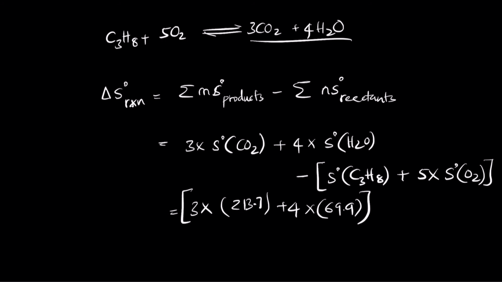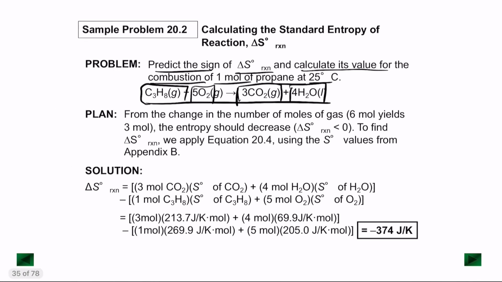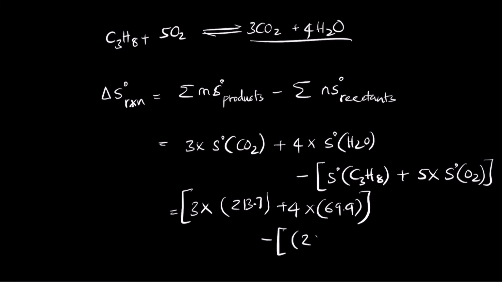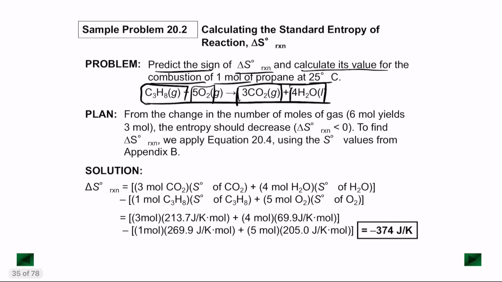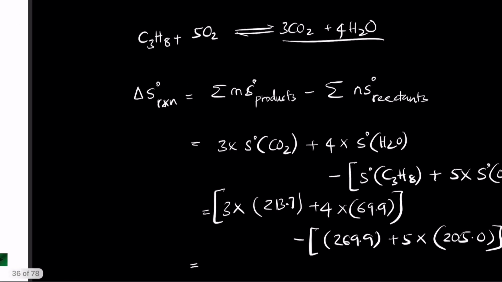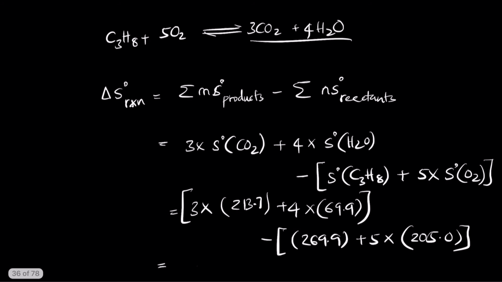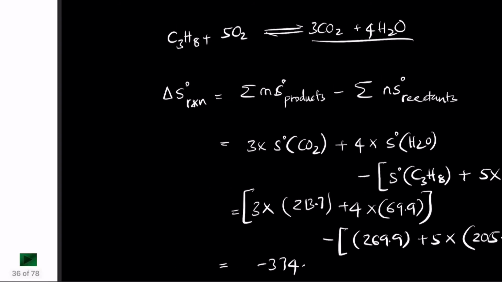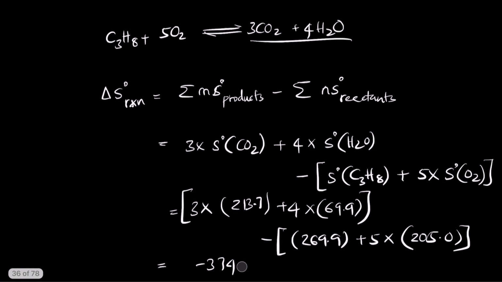This is the product part, minus S of C3H8, which is 269.9, plus 5 times S of O2, which is 205.0. These values are generally taken from the table at the end of the textbook. So the final answer gives you a value of minus 374 joule per Kelvin.